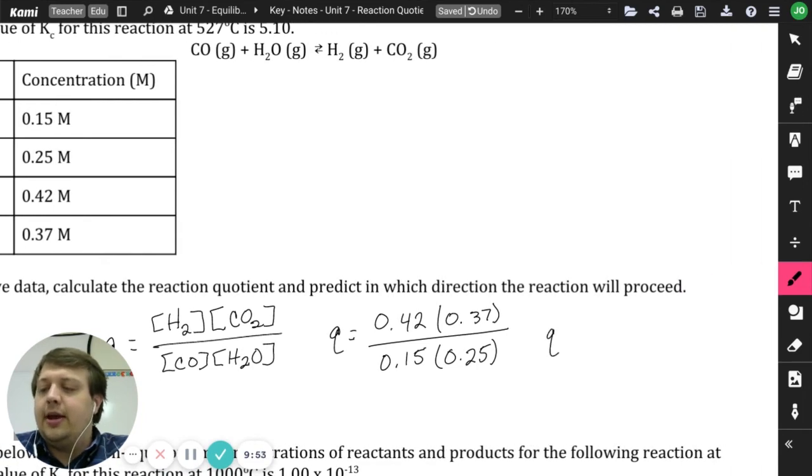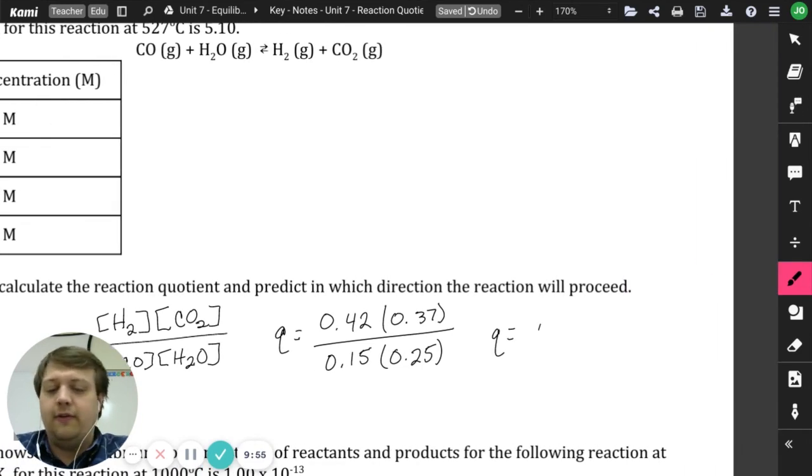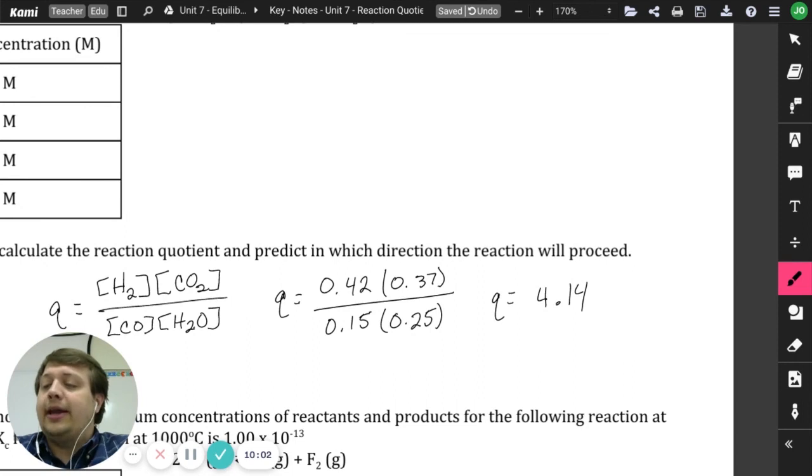I plug that in, and I find that my Q equals 4.14. Okay, so my K, if you remember from above, they told me was 5.10.